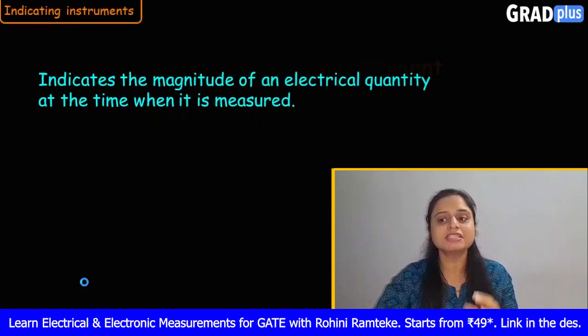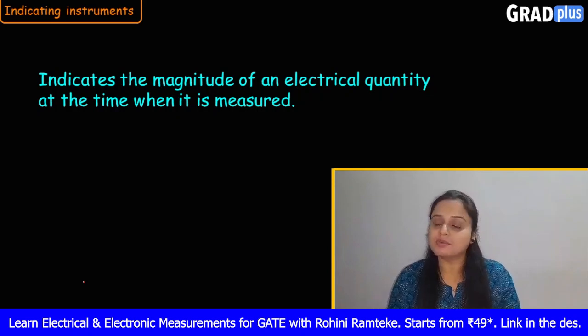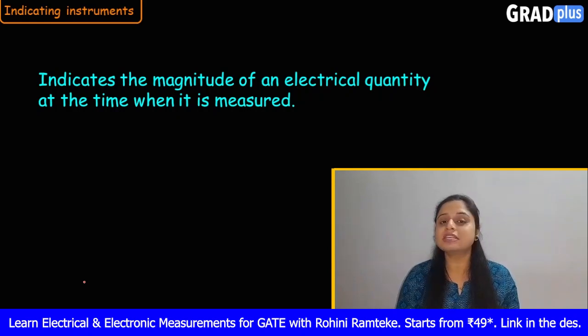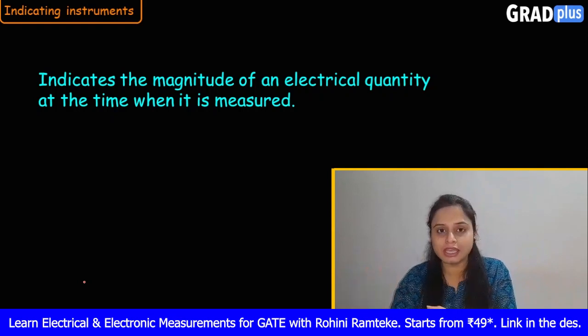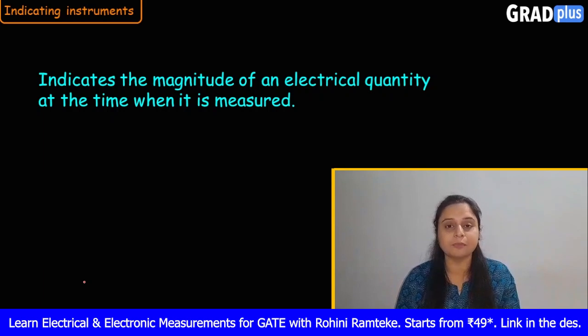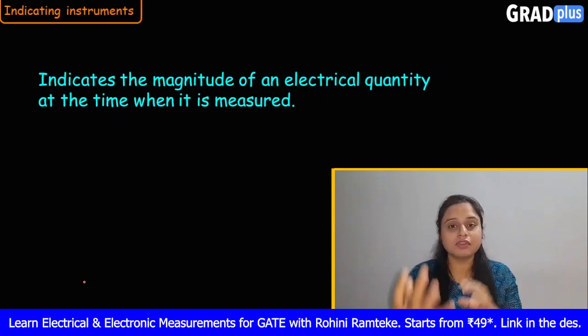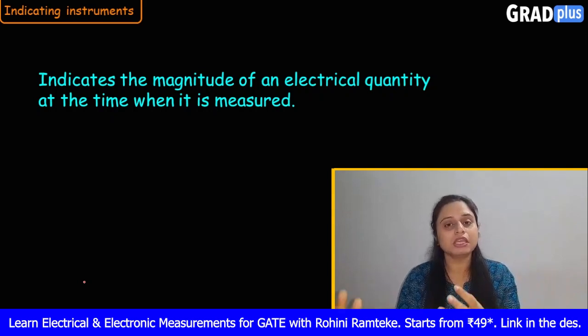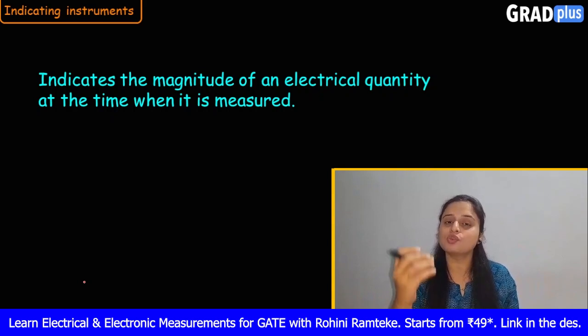For that, let us see all types of instruments one by one. First is the indicating type of instrument. As the name suggests, indicating means it will only show the reading, indicate the quantity. For any electrical network, whenever we give the supply, some meters in that network will show some reading at that particular instant.